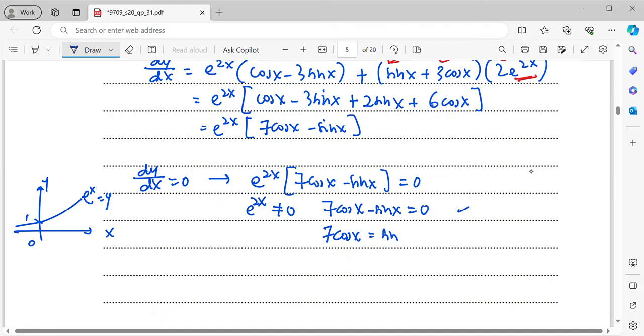Right? So we need to solve 7 cos x minus sin x equals 0, which means 7 cos x equals sin x. Then I divide the whole equation by cos x, because we know that tangent x is sin x over cos x. So I divide by cos x, 7 equals tangent x.